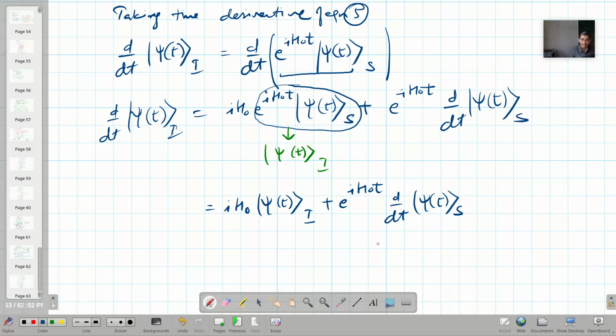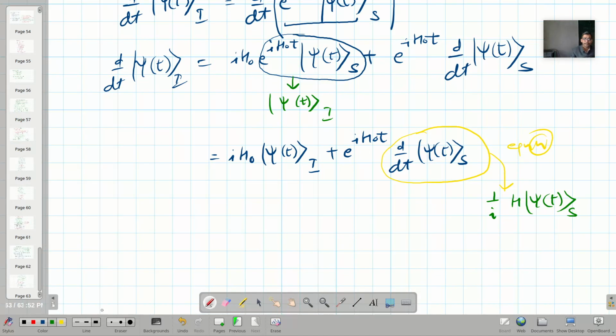But if I apply equation number 4, according to equation number 4, this part is equal to 1 over iota h psi t s, right? So how can it be expressed?